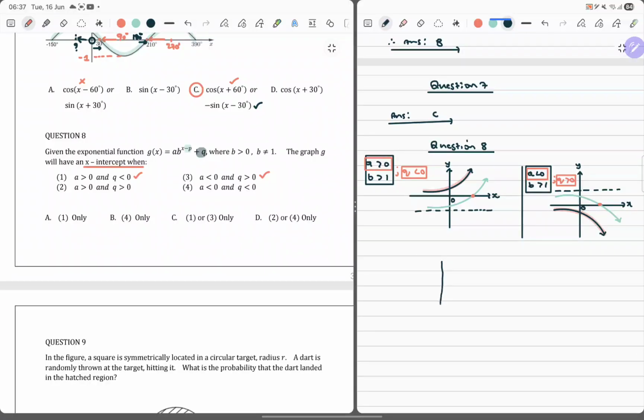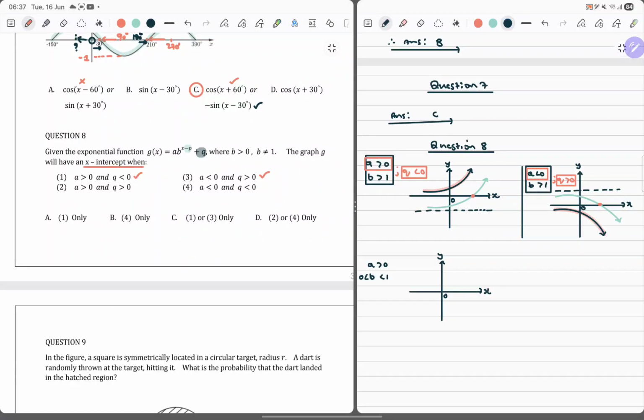So let's have a look. What happens when this graph is taking a different format still? So we say x, we say y, origin. Now, what happens when a is greater than 0, but we've got b less than 1 but greater than 0?